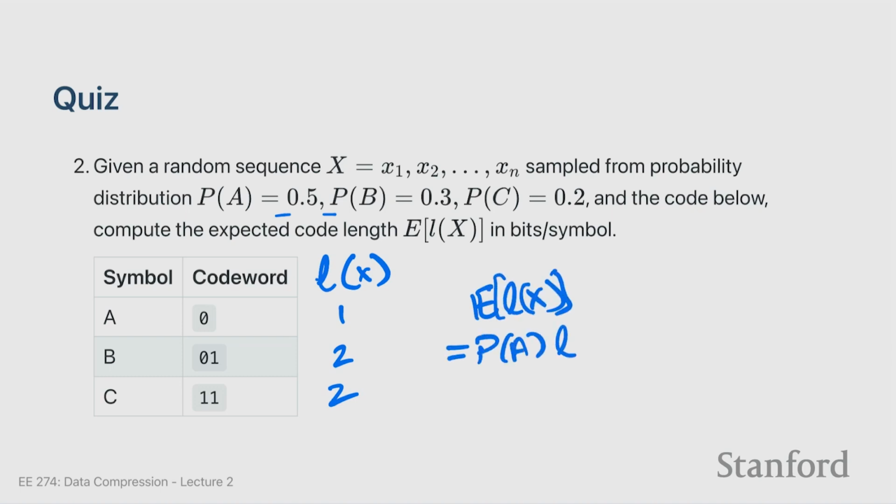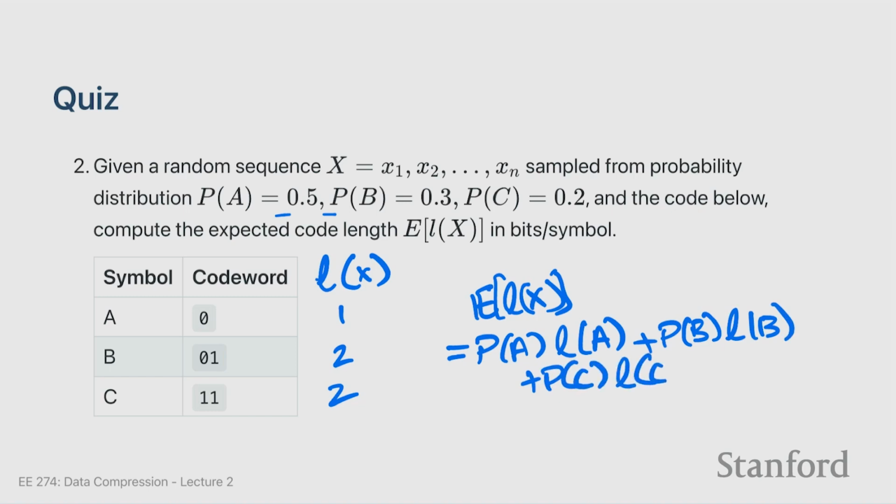So PA times length of A plus PB times length of B plus PC times length of C, which is 1 plus 0.3 times 2.